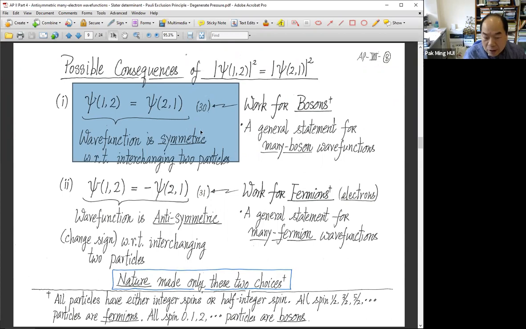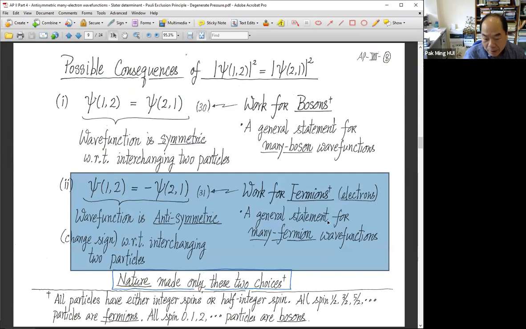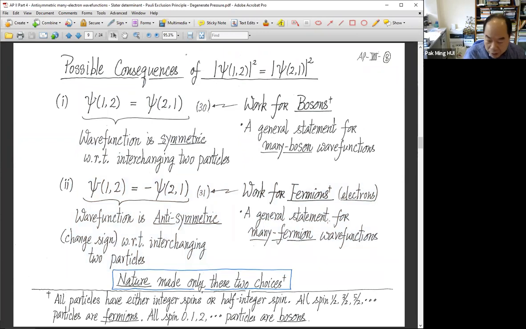Our focus is on the electrons in atoms, molecules, solids. Therefore, this is important for us. Now, magically, there is another way to distinguish fermions and bosons.